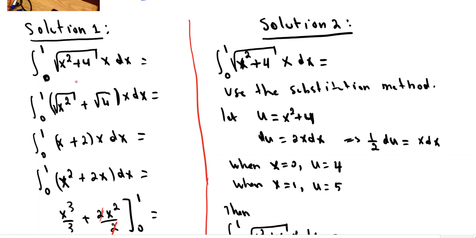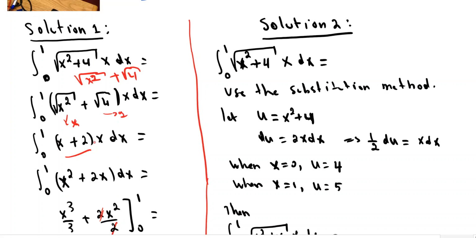The square root of x squared plus 4 is actually the square root of x squared plus the square root of 4, which gave you the square root of x squared is x, because x is positive, it's between 0 and 1, and then the square root of 4 gives you 2, so you end up with x plus 2.